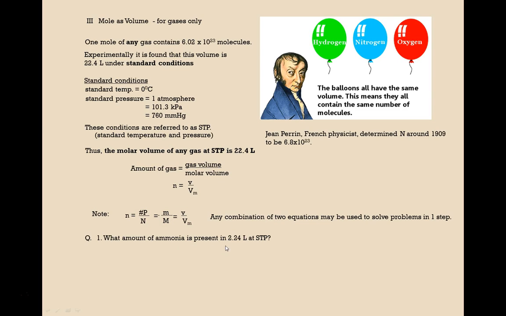What amount of ammonia is present in 2.24 liters at STP? Alright, so we can see we're going to link amount again to n. This volume, 2.24 liters. Now don't be caught off guard by thinking this is 22.4. It's a little trick. 2.24 is going to be your sample volume. So that's right here.